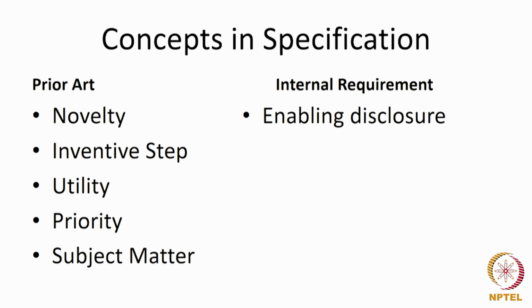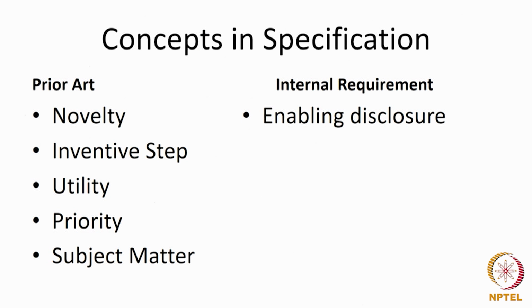So, you cannot just have a skeletal disclosure or a bare disclosure without getting into the details, which if a person skilled in the art reads it, will not be able to come up with the invention. So, the disclosure in a patent specification should be of such a standard that the person skilled in the art who reads the patent specification need not come back with any doubt.